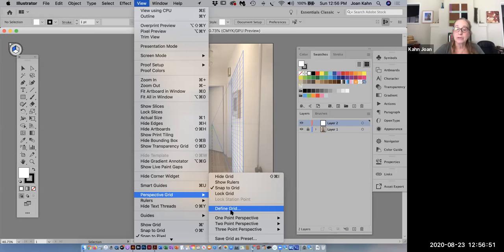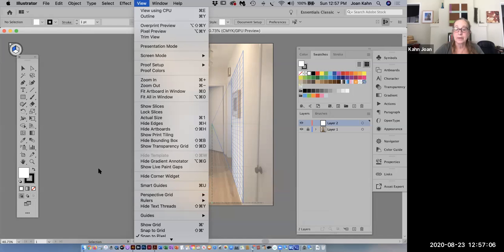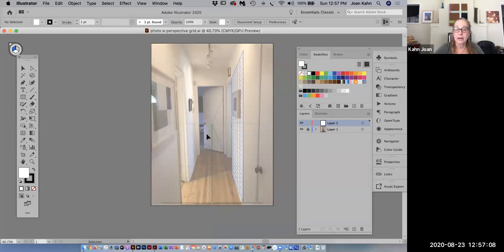And then you can go to 1 point perspective or 2 point perspective, and that'll give you the perspective grid that you need. So I let go on 1 point perspective and then said normal view. And that's what I brought up. That's my perspective grid here.